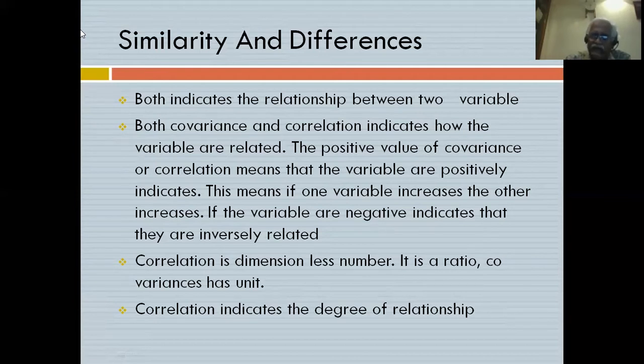And correlation, as I told earlier, is a dimensionless number. It is a ratio. Covariance has a unit, and the correlation indicates the degree of relationship. If it is more, like 0.5, 0.6, like that, they give the degree of relationship. Next.